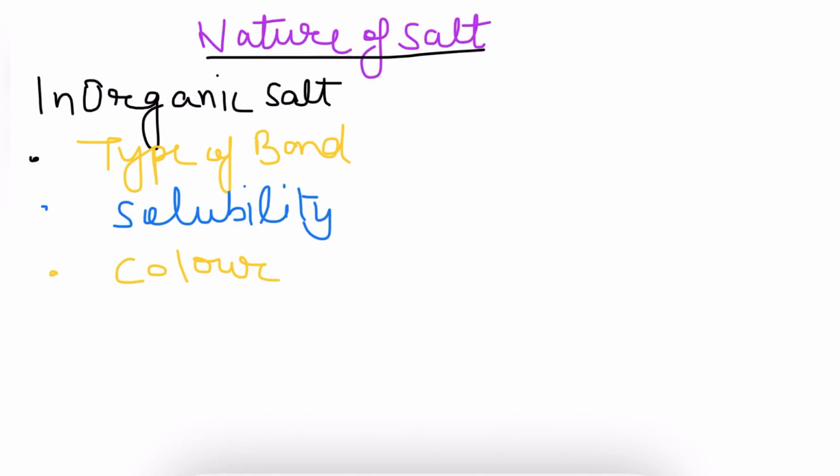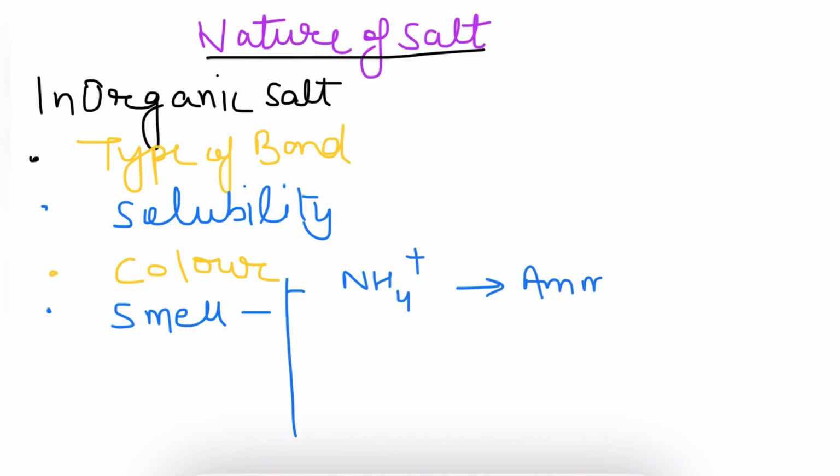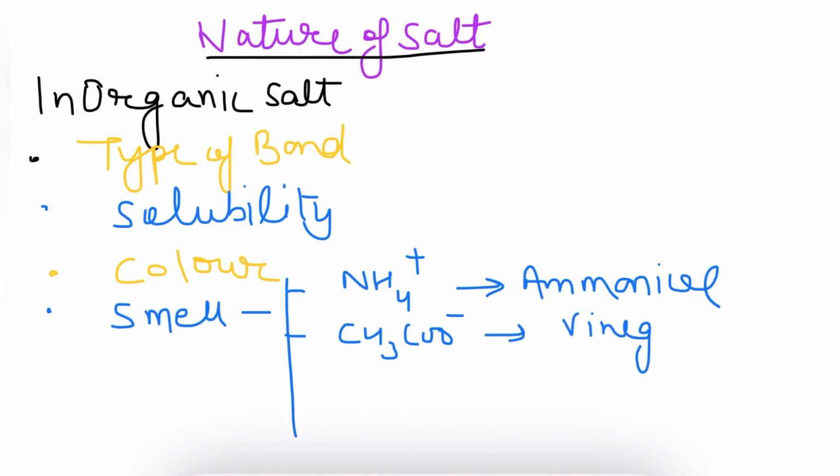The given salt does not have any specific color, white. Few salts have characteristic smells, like ammonium salts, which have an ammoniacal smell. Acetate salts smell like vinegar. Sulfide salts have a rotten egg smell.